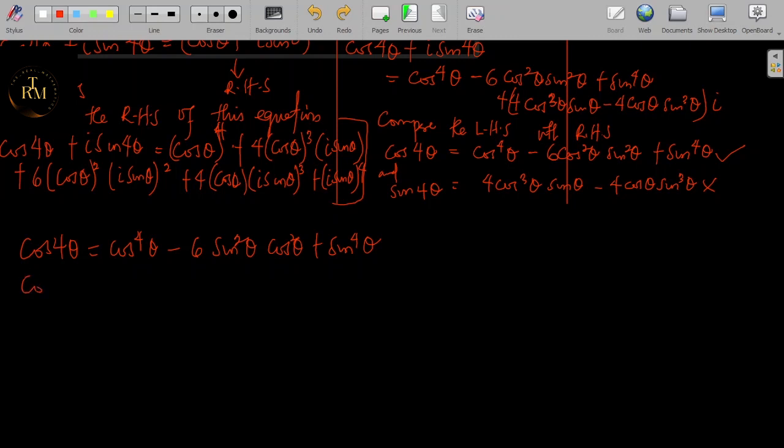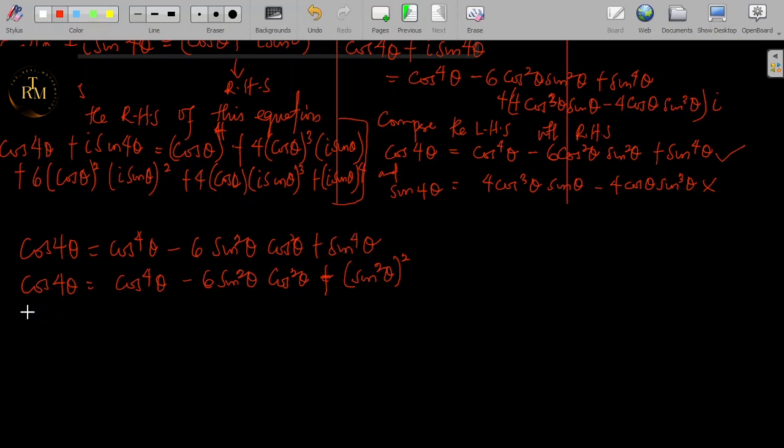But before I do that, I think it's logical for me to write 6 sine squared theta cos squared theta, and write this sine 4θ as sine squared theta all squared. So that 2 times 2 here gives me back the 4 that I have here. So I've not really changed anything.